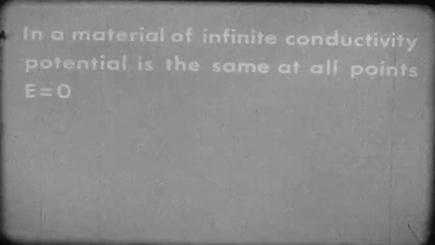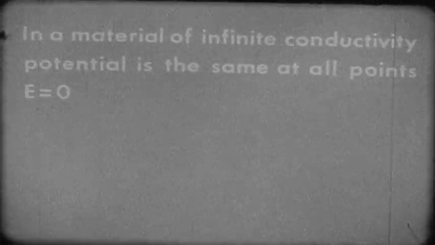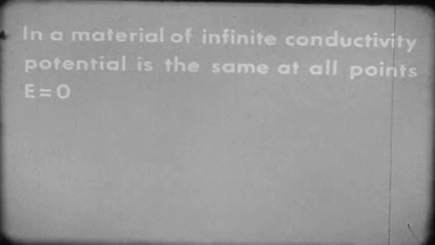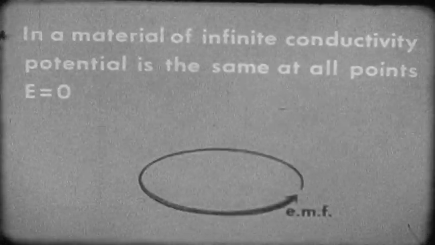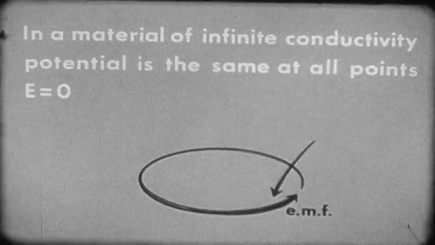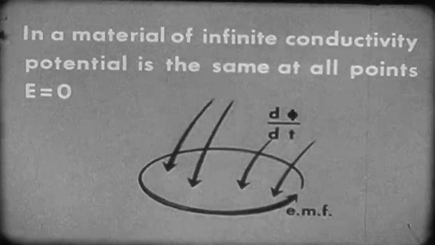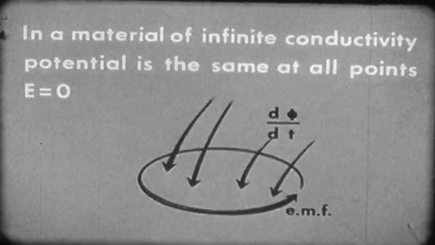It also means that no electromotive forces whatever can exist in the material. In particular, consider the induced electromotive force which would exist around circuits whenever the magnetic flux is changing with the time, as we know from Faraday's law of electromagnetic induction. But in our material, no such EMFs may exist.